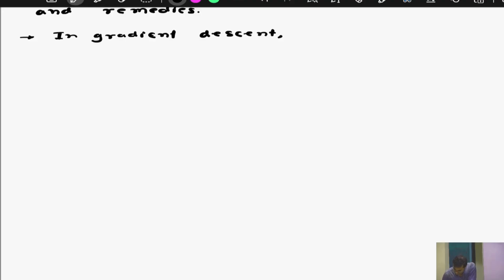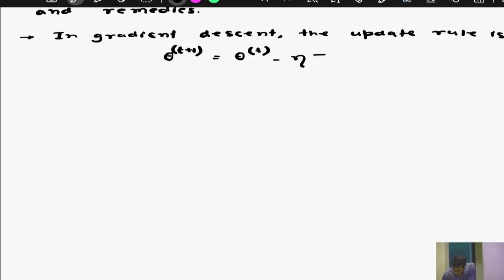Sorry, the update rule is theta t plus 1 is equal to theta t minus eta times the gradient with respect to theta of L(theta t), right?